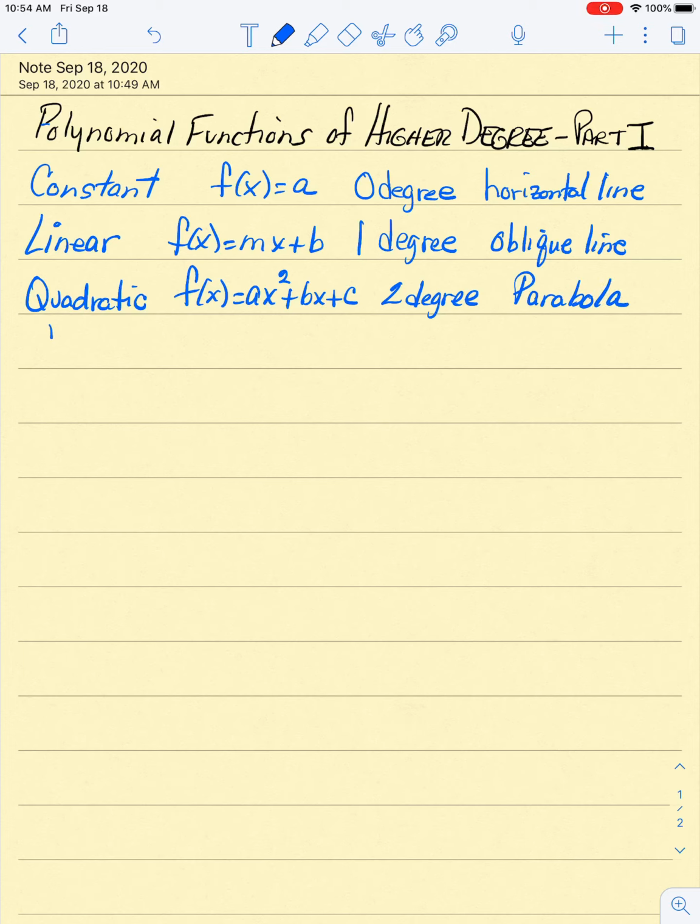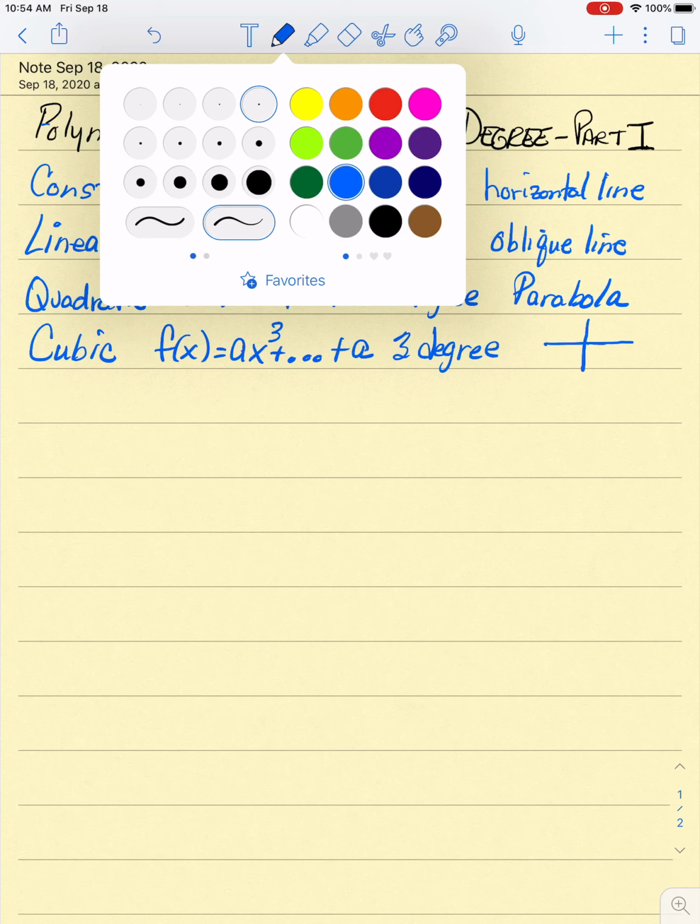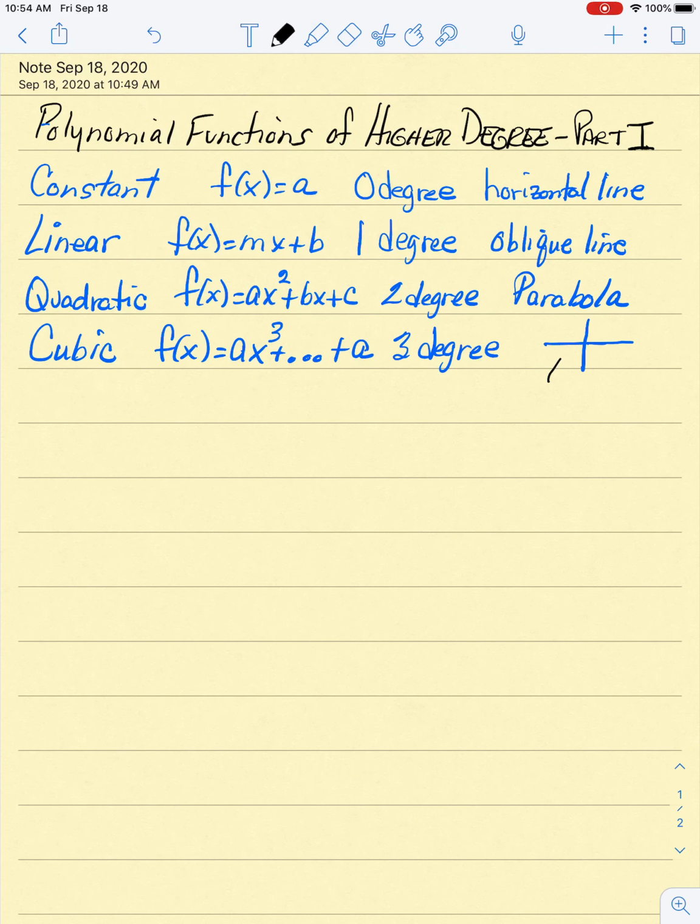Cubic function. f of x equals ax to the third plus whatever is going on in between all the way down to your constant. So it's a degree of 3. And we know that little cubic graph. Let's just make this fancified. Something like this.